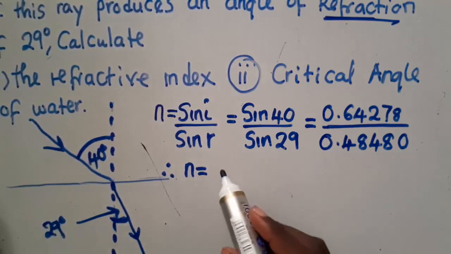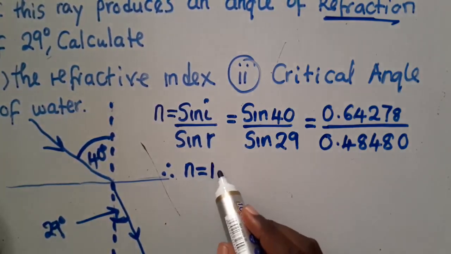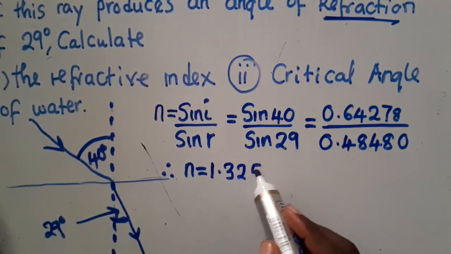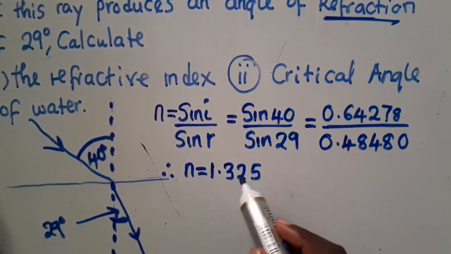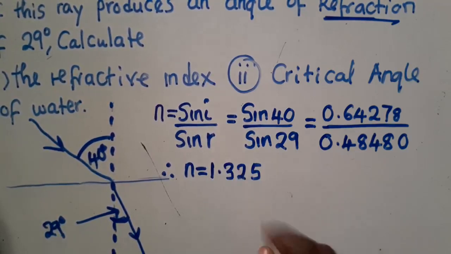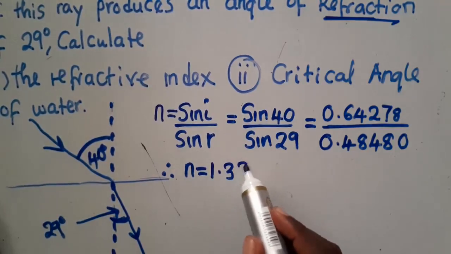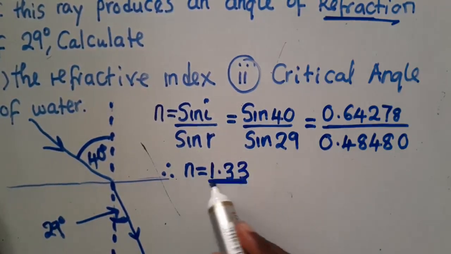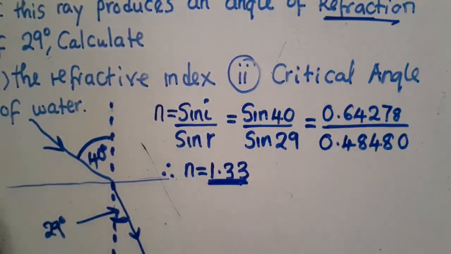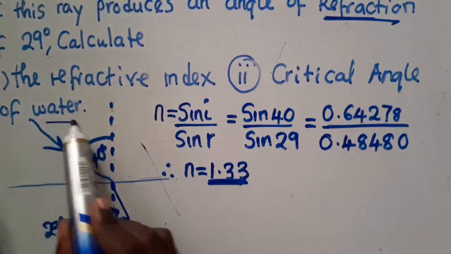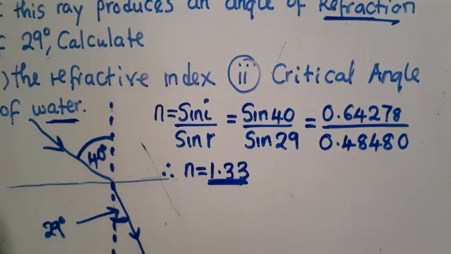The answer that I'm getting is 1.325. I can round off to 2 decimal places, where the 2 becomes a 3, so the answer would be 1.33. This is the refractive index for this question. Refractive index of what? Of water. We know that we are talking about water.